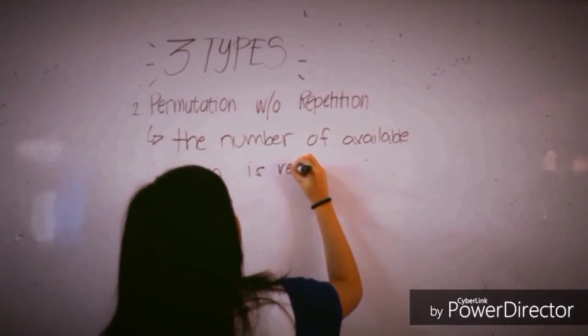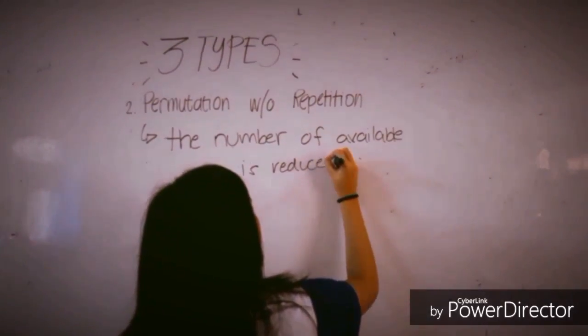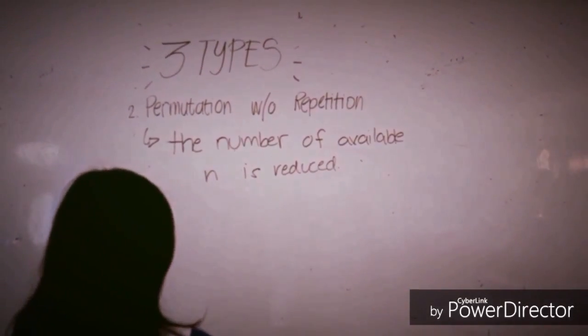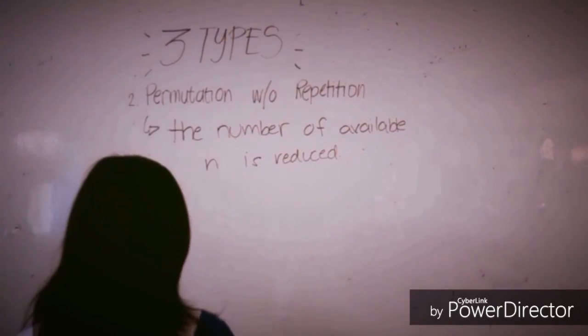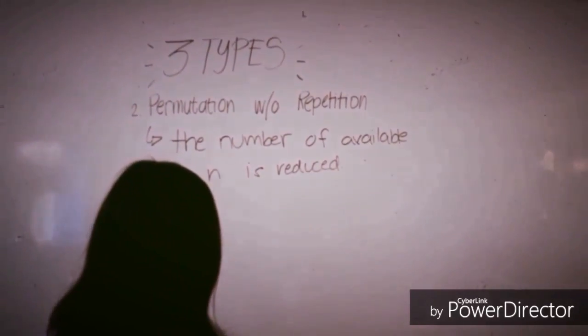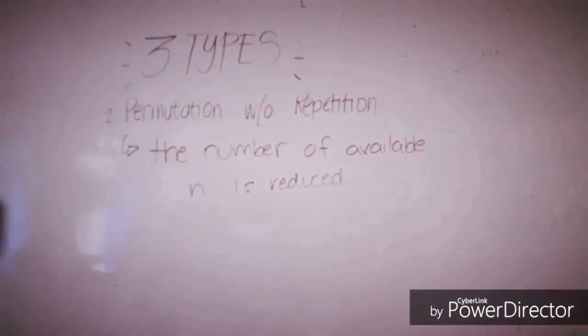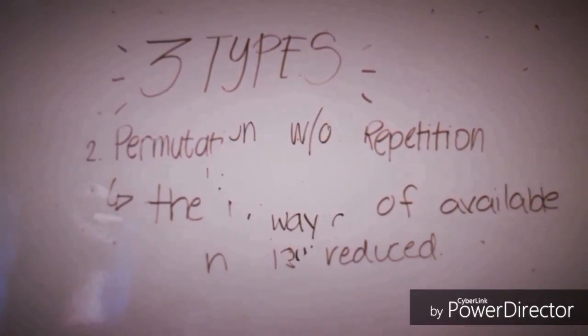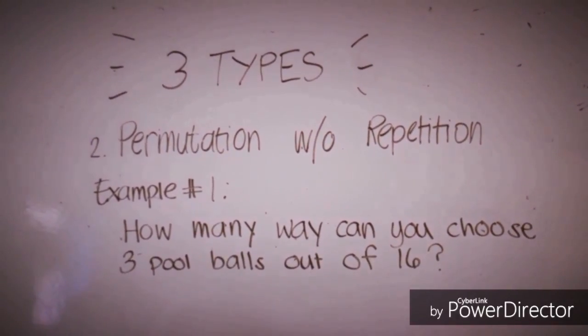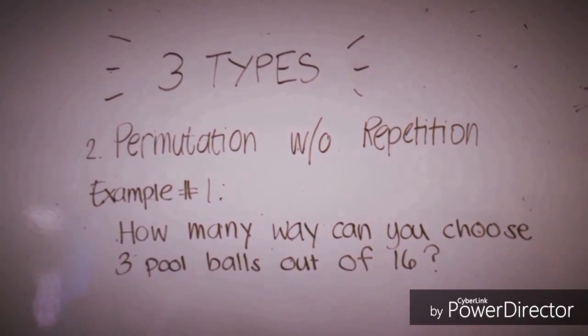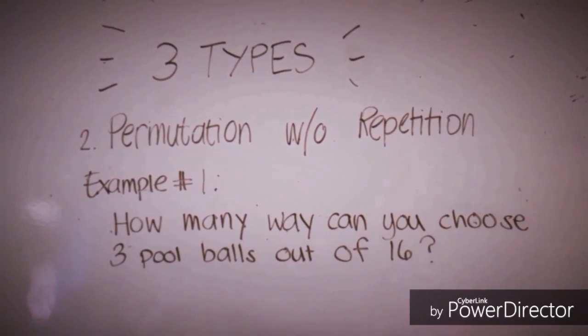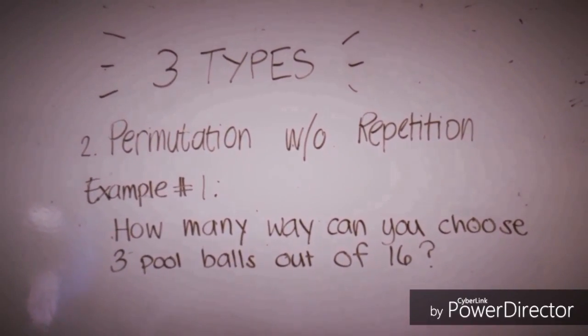The second type of permutation is permutation without repetition. So permutation without repetition is basically the number of available n being reduced. Let's have some examples. How many ways can you choose 3 pool balls out of 16?